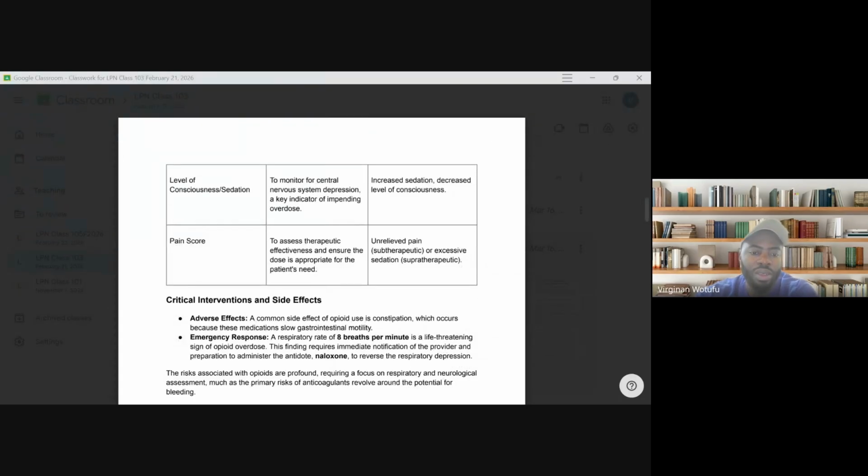Looking at the side effects of morphine or opioid analgesics, you have common side effects like constipation, which is a result of slow gastric motility, since it's a depressant, right?